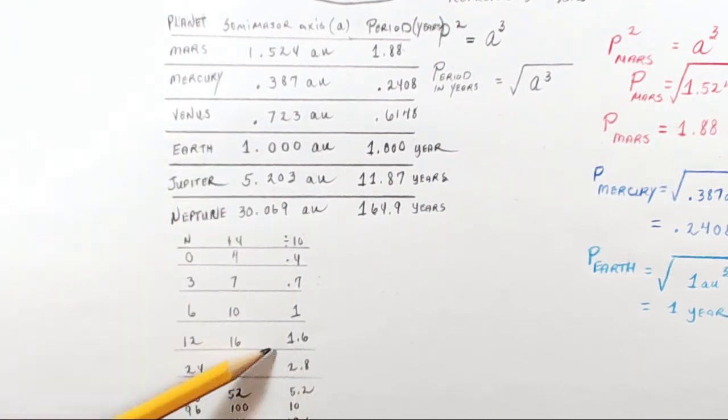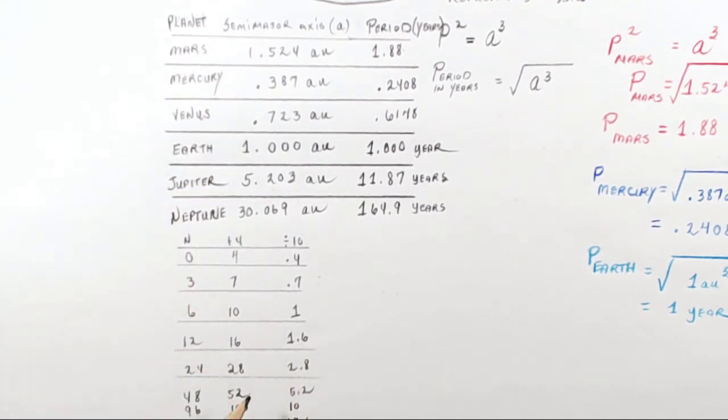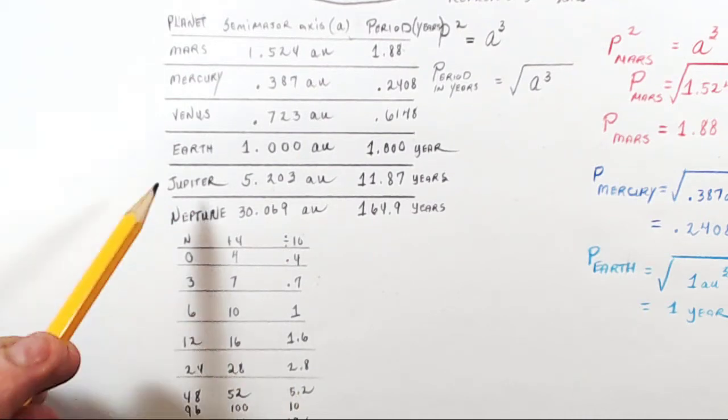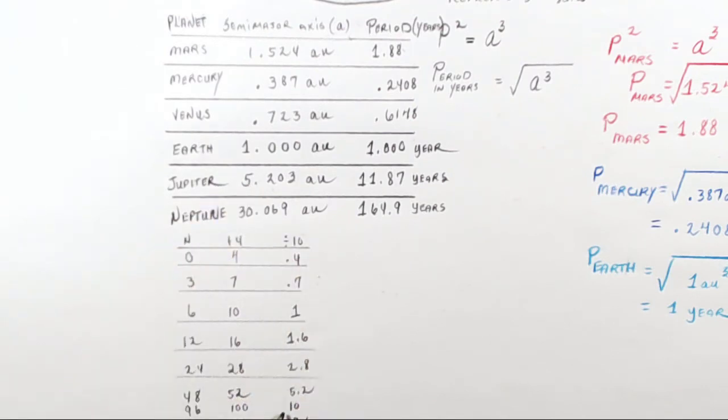Then I skipped some, then I kind of jumped around. So 1.6 is close to the semi-major axis for Mars. What was my next calculation? Jupiter. Look, 5.2, very close to the semi-major axis of Jupiter. And then the last one I did was Neptune.